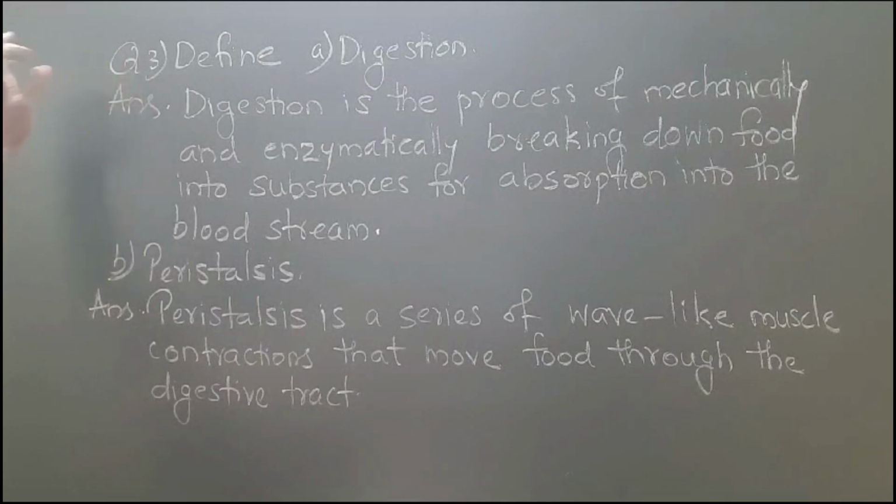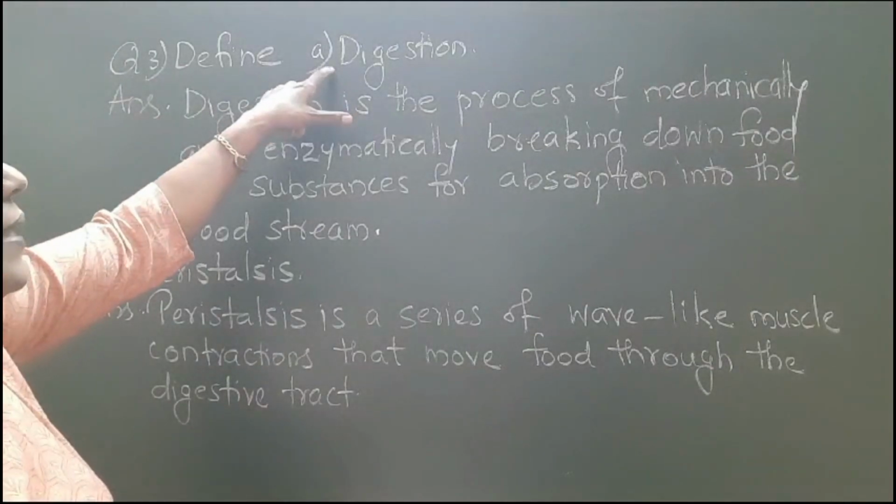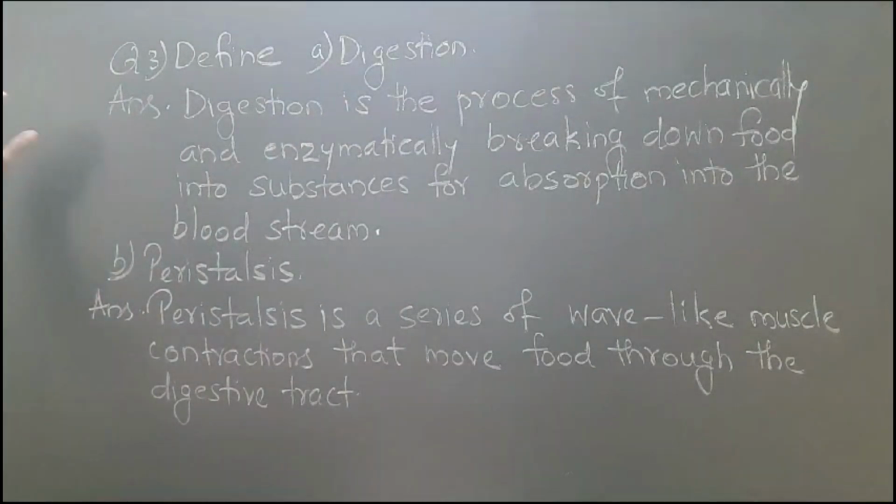Question number 3. Define A. Digestion. Answer. Digestion is the process of mechanically and enzymatically breaking down food into substances for absorption into the bloodstream. B. Define peristalsis.